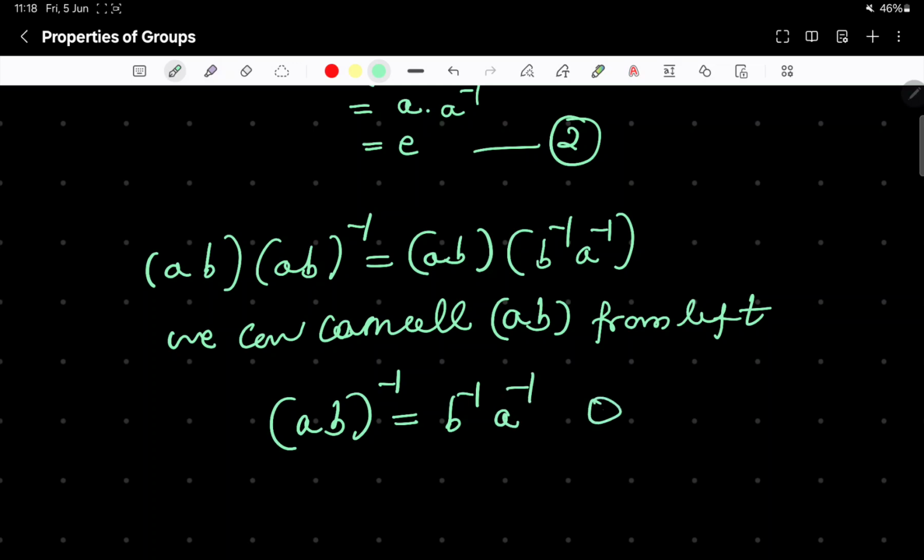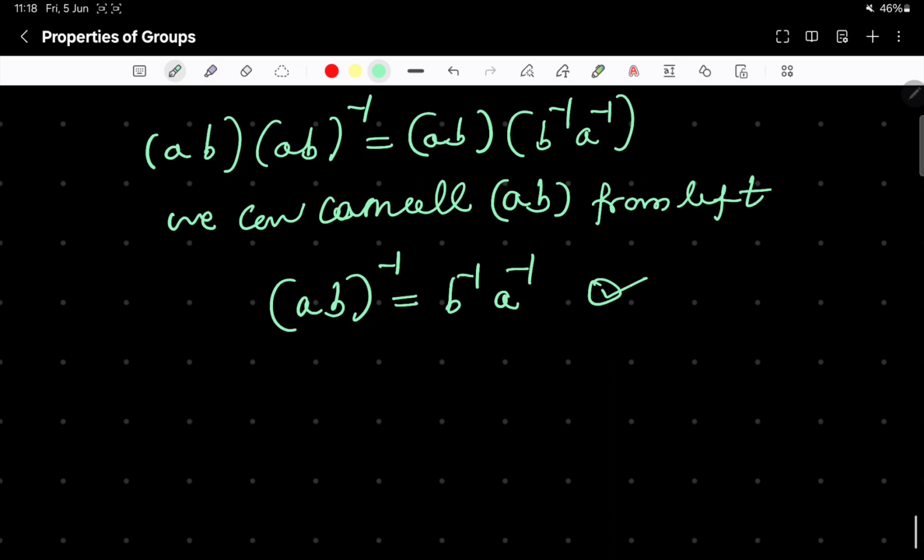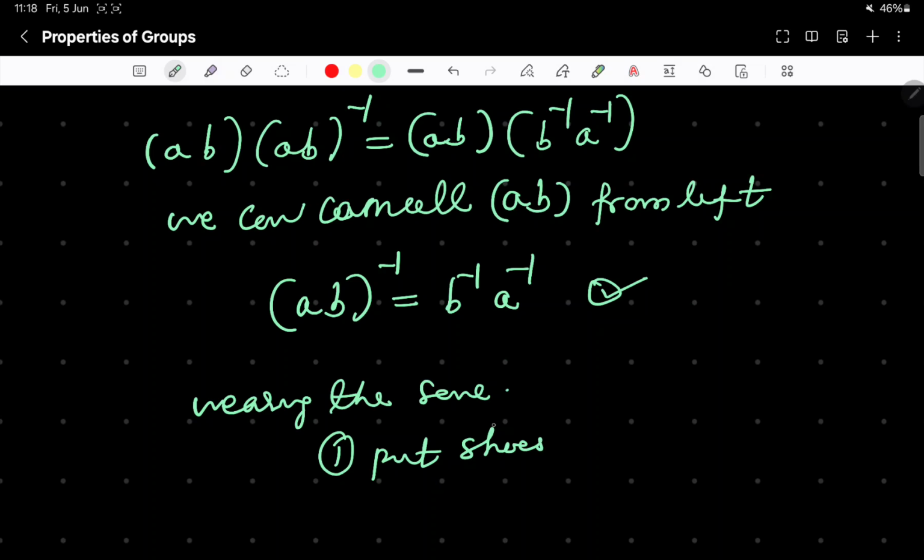Okay. So why is it called the socks and shoes property? Because while wearing shoes, the first step is to put on socks, and the second step is to put on shoes. So socks is A, shoes is B, right?